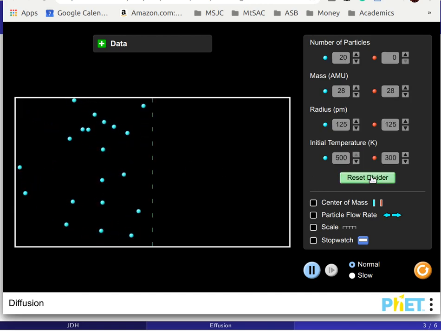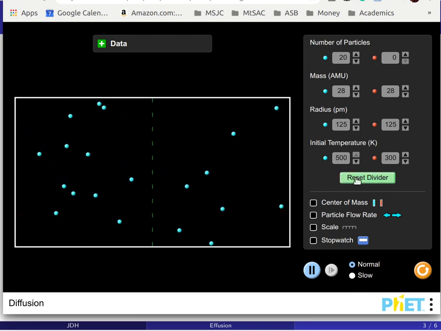Of course, now when I remove that divider, the diffusion process is going to occur that much more quickly. So no real surprises there. The rate of diffusion is obviously directly proportional to how fast the molecules are moving, which is proportional to the temperature at which that substance is found.